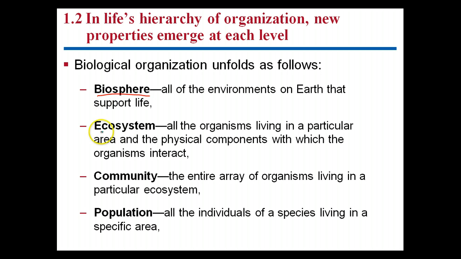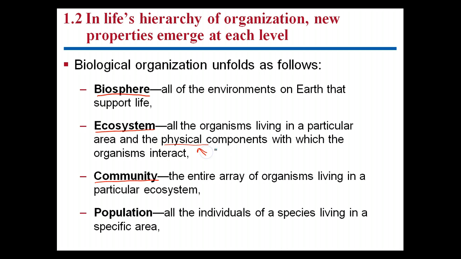We've got the biosphere. We have an ecosystem. Okay, so these are all the organisms and all the physical components and all those things that are within a particular area. A community is an array of organisms living in a particular area. So the only difference between community and ecosystem is that an ecosystem includes physical components.